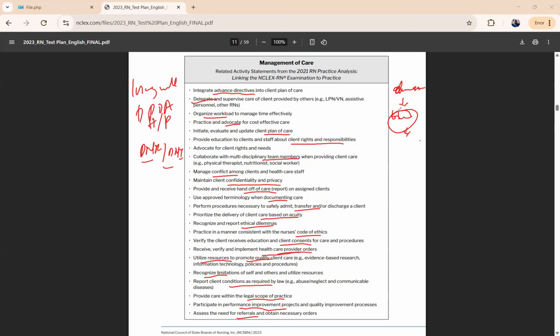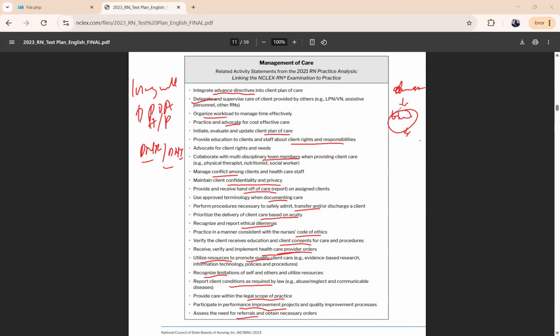Now, if the patient doesn't have an advanced directive, take note: the nurse doesn't obtain the advanced directive. The nurse will report to the doctor that the patient doesn't have an advanced directive, so it's the doctor that will obtain it.